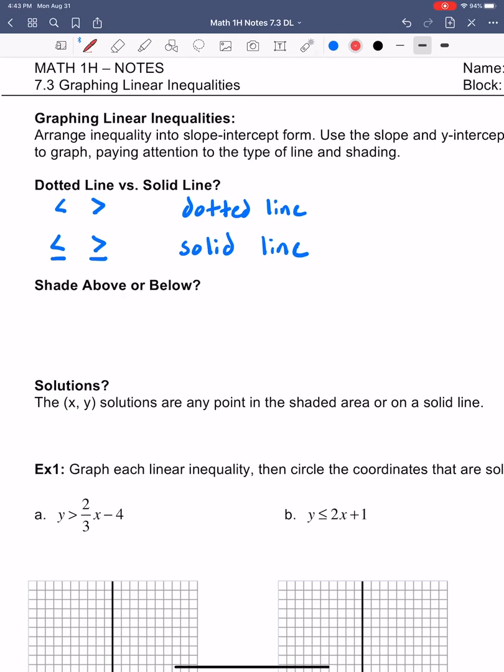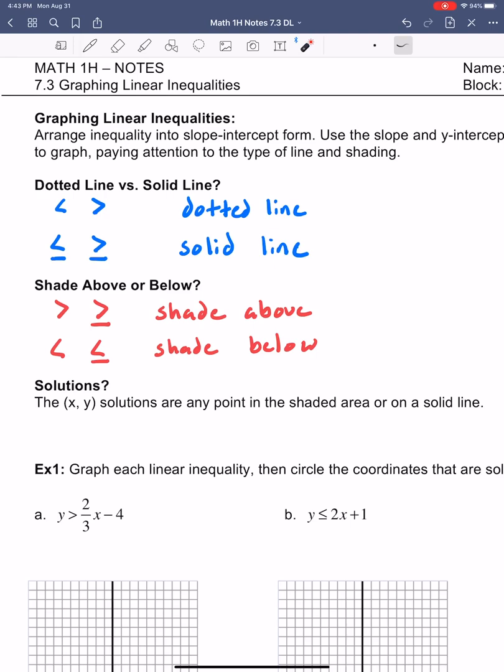Okay, so if we have a greater than or equal to sign, then we'll shade above, right, because we want bigger numbers, numbers that are greater. And if we have less than or equal to, that'll be a shade below, because we want numbers that are less, that are lower, so we would shade below, and those would be our solutions.